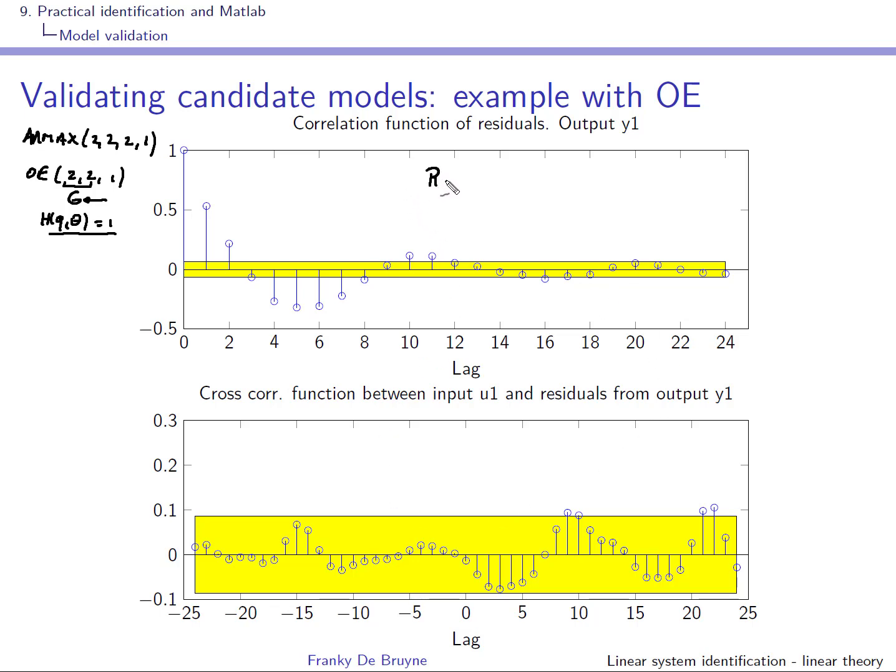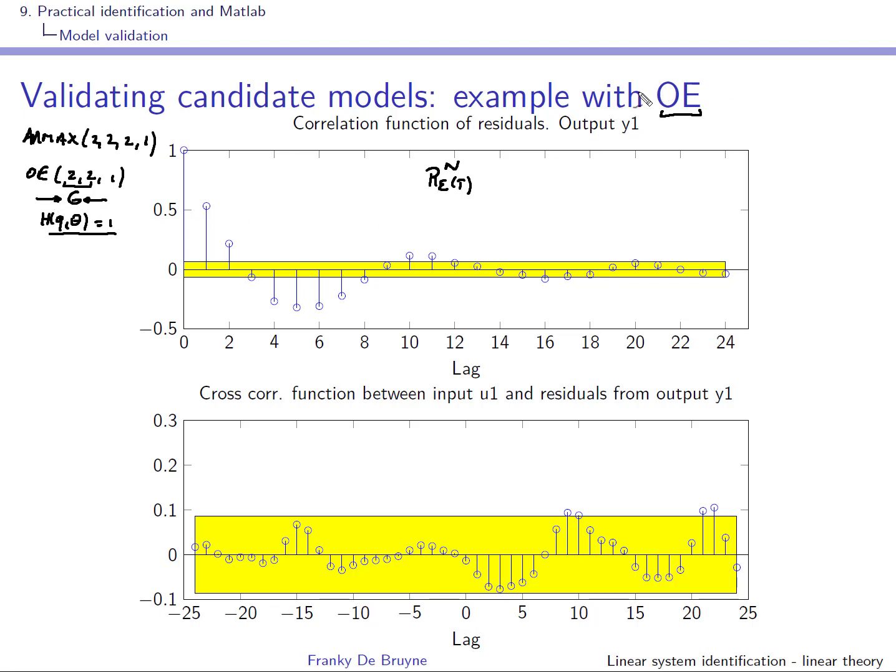So again, this is the autocorrelation function based on n data, and here clearly for a lot of lags it goes outside the confidence interval, so you cannot validate the noise model. But you don't need a correlogram to see this, because you've chosen a noise model that is 1 and fixed. When you use an output error model, you're not interested in the noise model, you're interested in the input-output dynamics.